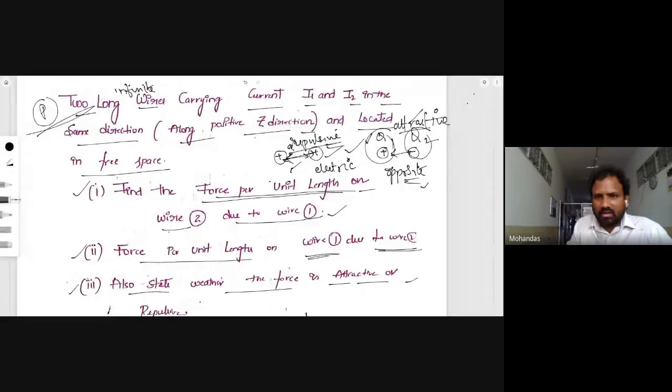The type of the charge current is in the same direction. Which direction are these conductors carrying current? Same direction. They are carrying current in the same direction.